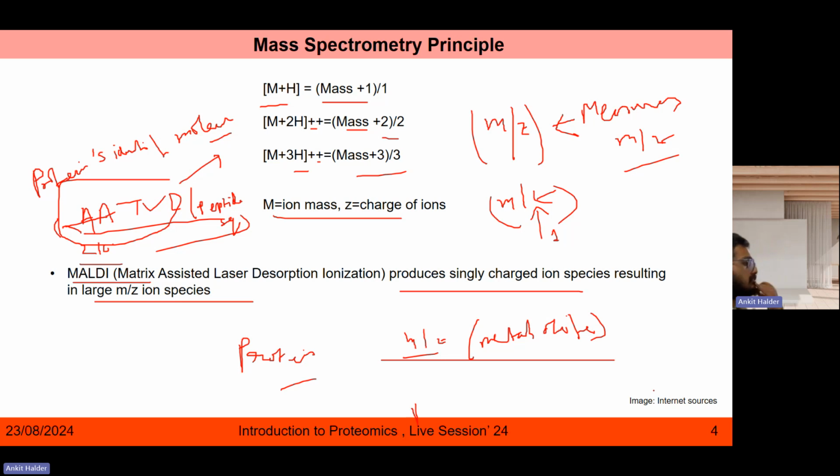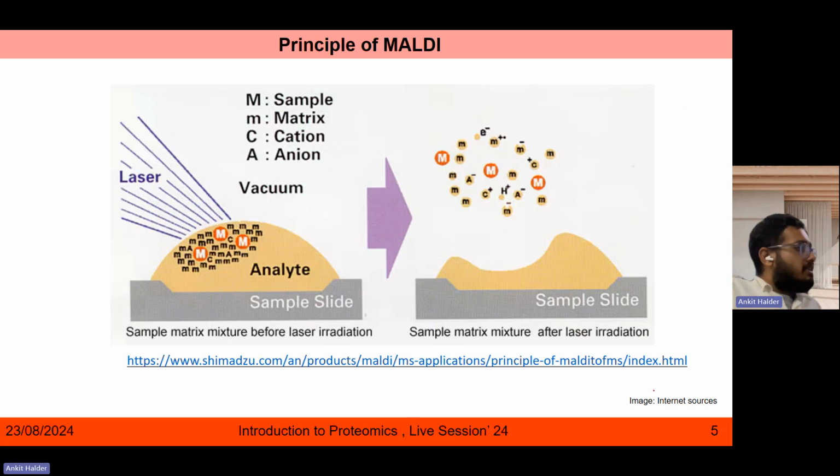What happens here is that you have the sample, then you create a matrix with the analyte that will irradiate the ions. Then you have the cation, anion, and then the vacuum.